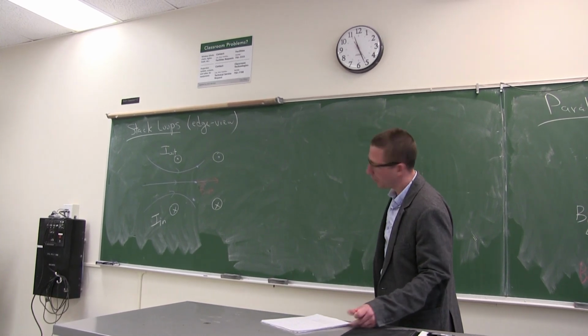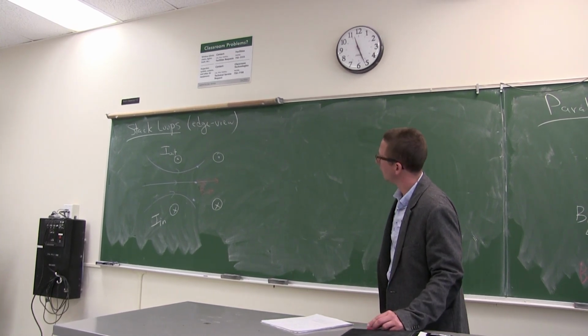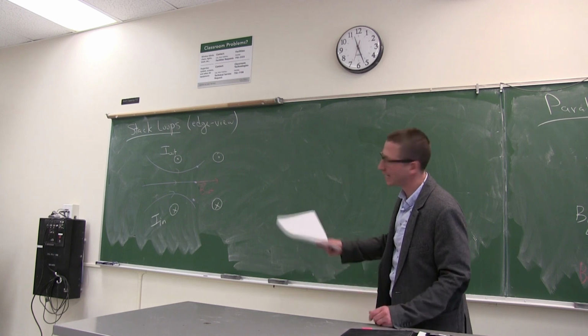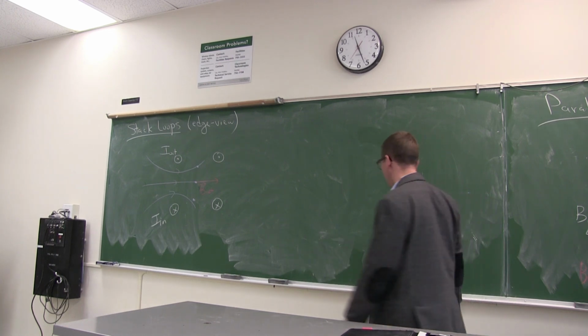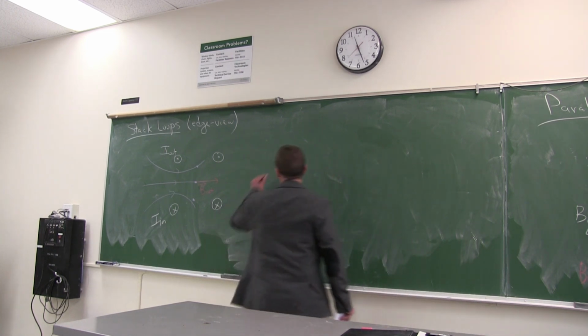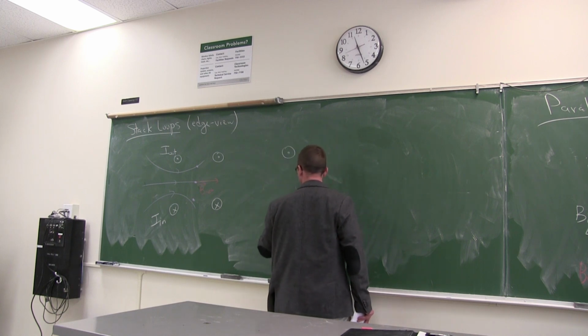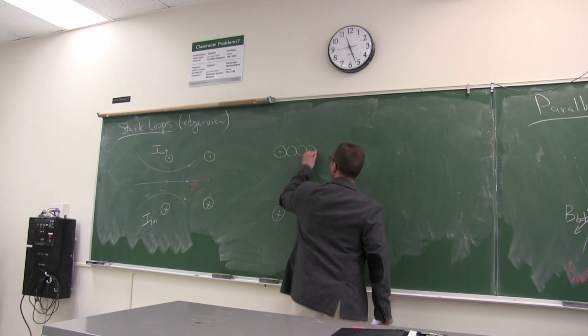All right, now what would happen if I stack a bunch of loops and continue to add loops in? Say I take one loop and I just add a bunch of loops.